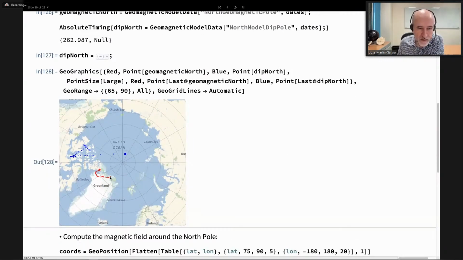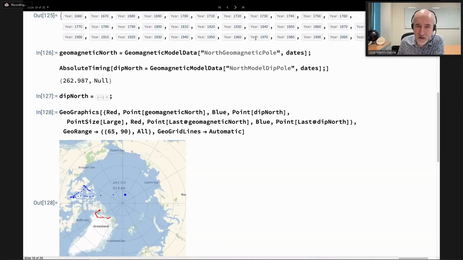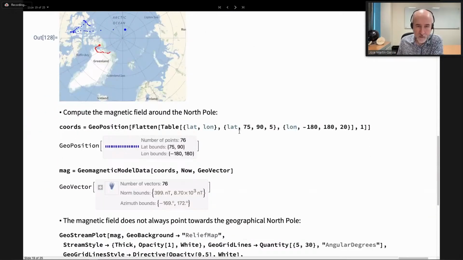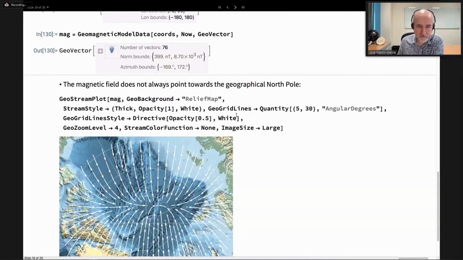So in red, we have the position changing by decades of the average magnetic pole. And here, again, we have by decades the positions of the deep pole. And you see how in recent decades, it's moving very fast. We can compute the shape of the magnetic field in that area.